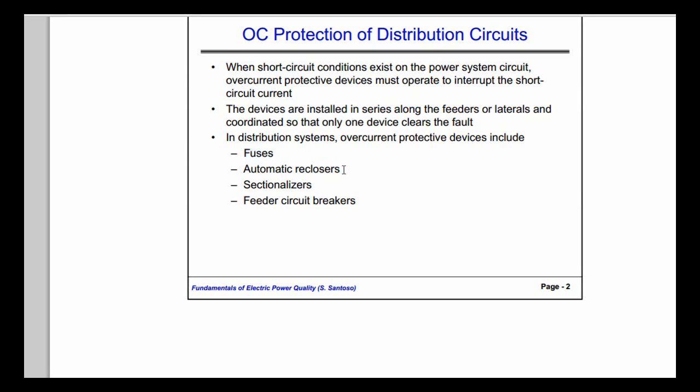We want the recloser, which is actually a circuit breaker that opens and closes in a predetermined manner, for example 3 times, and between each time there is a delay time, and this delay between each operation of the recloser is used for the protection of the fuse for the temporary faults.